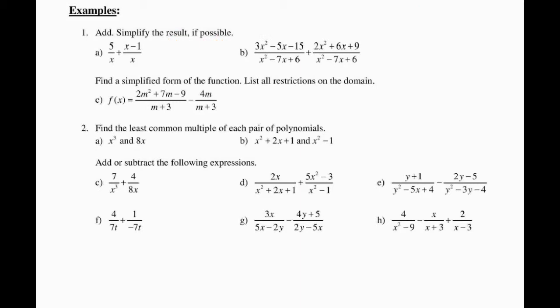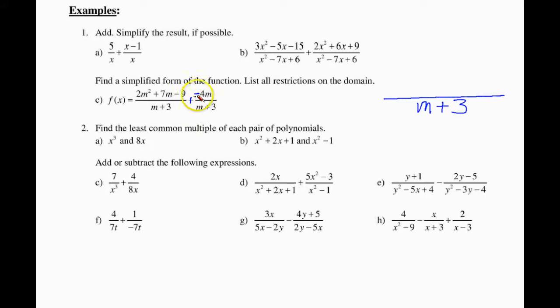Okay, let's go on and take a look at letter C. So as we look at C, again, we have the common denominator of m plus 3. Now this is a negative, so we're going to put this as a positive here and put our negative up there.